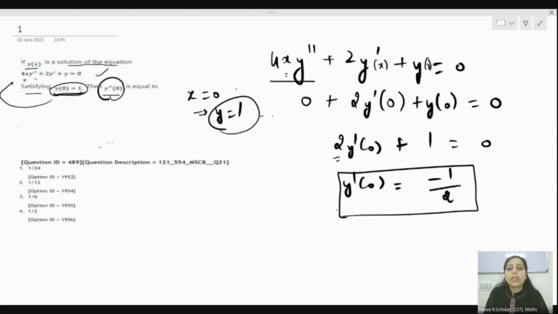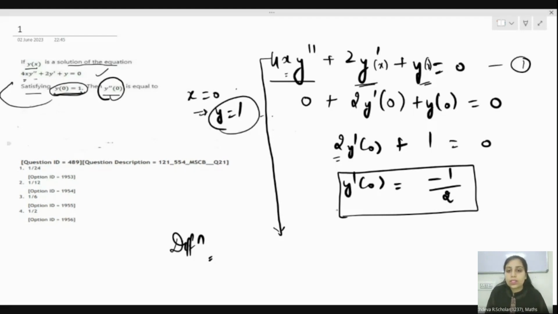So now what we can do, given this differential equation, we can differentiate it. When we differentiate this, we get y'' and y'. By this, maybe we get our answer. So let's try to differentiate this equation.